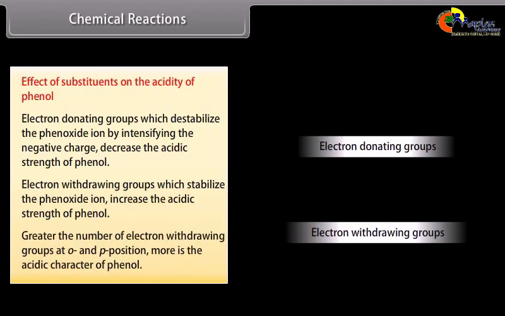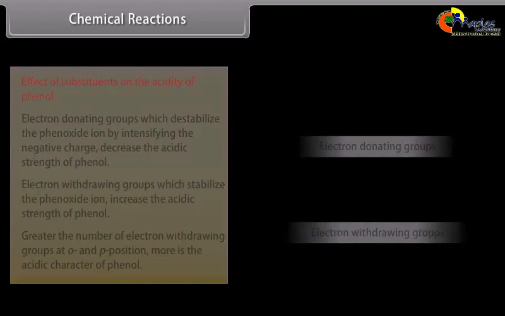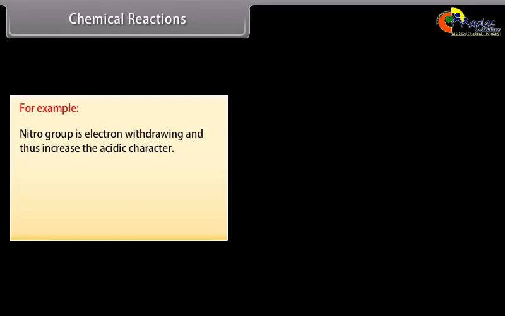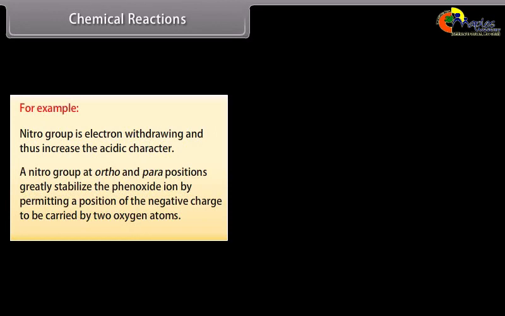Greater the number of electron-withdrawing groups at ortho and para position, more is the acidic character of phenol. For example, nitro group is electron-withdrawing and thus increases the acidic character. A nitro group at ortho and para positions greatly stabilizes the phenoxide ion by permitting a portion of the negative charge to be carried by 2 oxygen atoms.